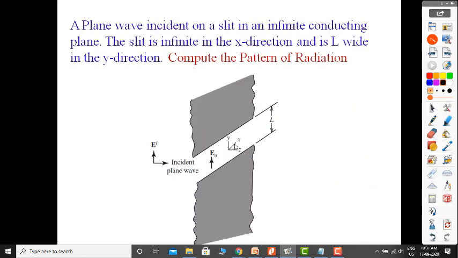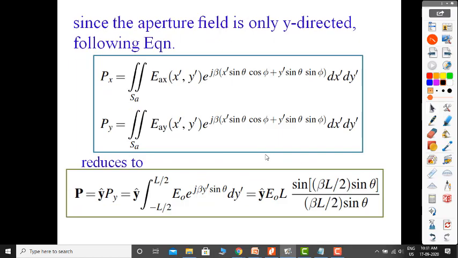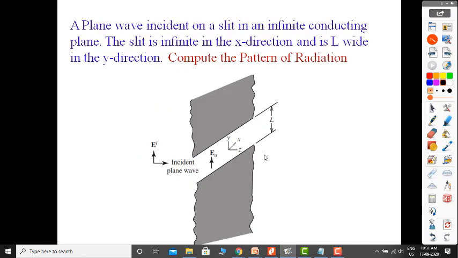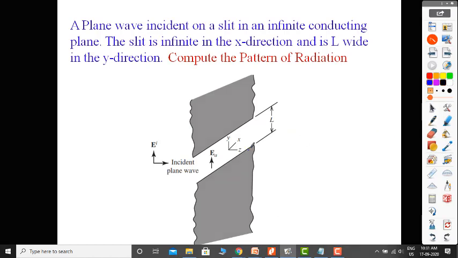Let us say the xy plane where phi is 90 degrees. So the angle is measured from the z axis. At the z axis it is 0 degrees. At the x axis it will be 90 degrees. So at 90 degrees, that refers to the xy plane.